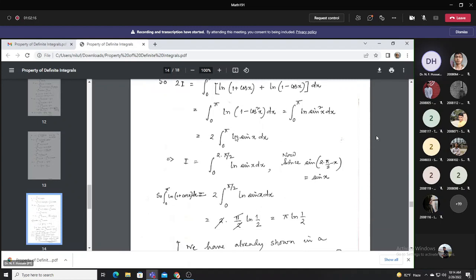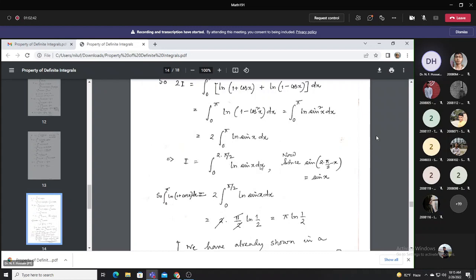Now use this property. Since sine of pi minus x equal to sine x, it satisfies the property f of 2a minus x equal to f of x, property number 7. So using the property number 7, you can write it like this. Except this 2, let us consider this integral as I. So I equal to integral 0 to 2 into pi by 2.